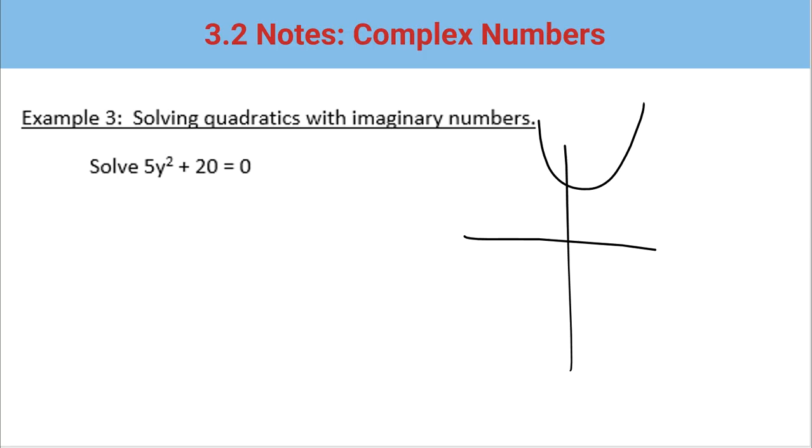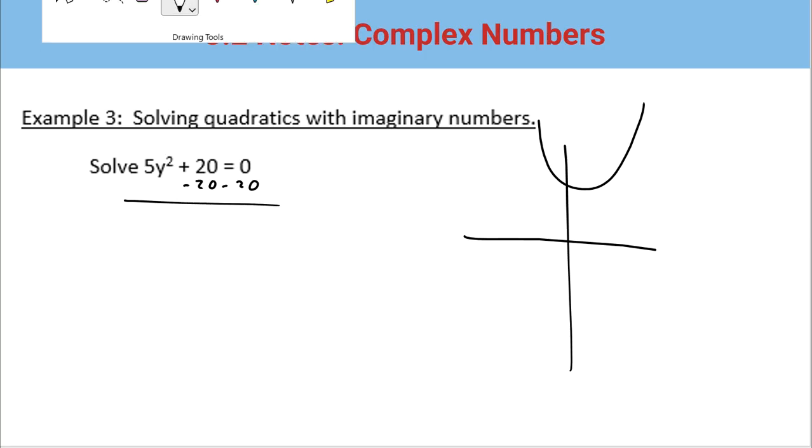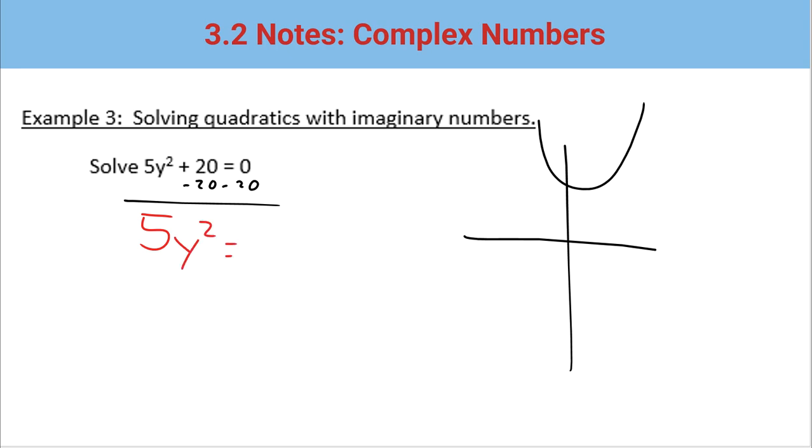Right? So I'm going to subtract away the 20. So I'm going to get 5y squared equals negative 20. Then I'm going to divide away this 5. I'm going to get y squared equals negative 4. So then I'm going to square root both sides. y equals square root of negative 4.